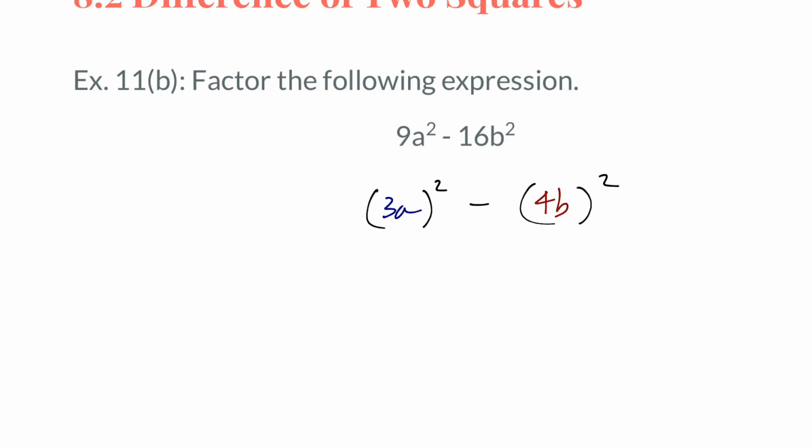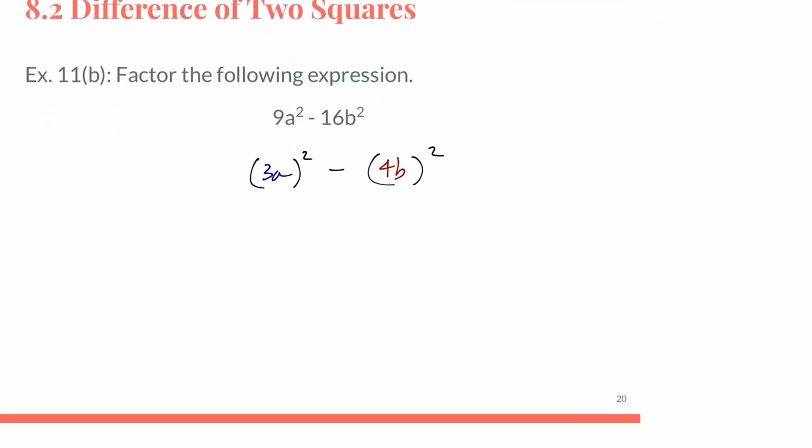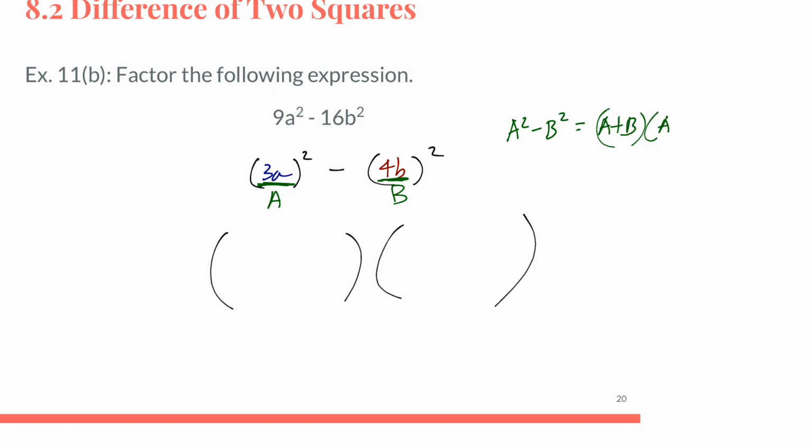So as long as you can do this, you can use the difference of squares formula, which allows you to create two brackets. Think of this one here as A, this is B, and the formula is A squared minus B squared equals A plus B times A minus B. So as long as you can see this in a situation, you can create the factored form.